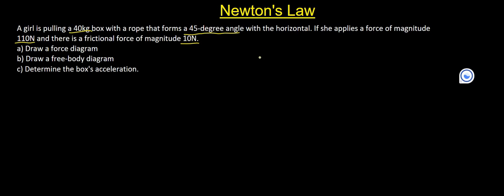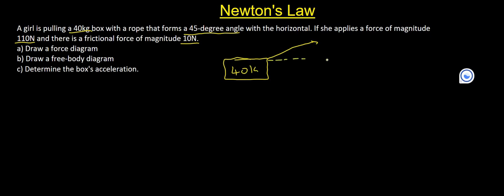So let's try to draw our box. This is our box. It's a 40 kg box. And they say the girl is pulling it at an angle to the horizontal.